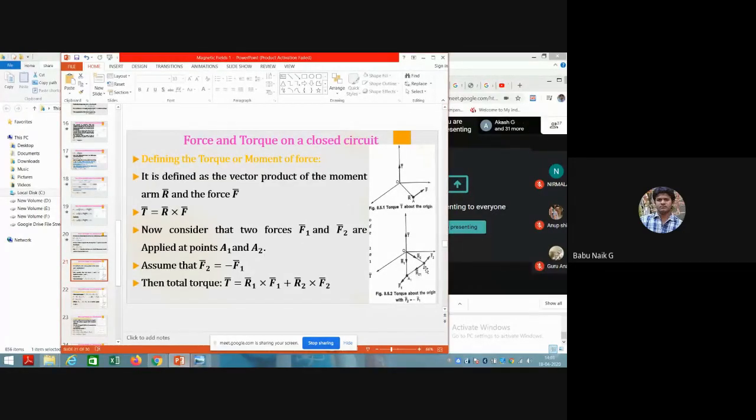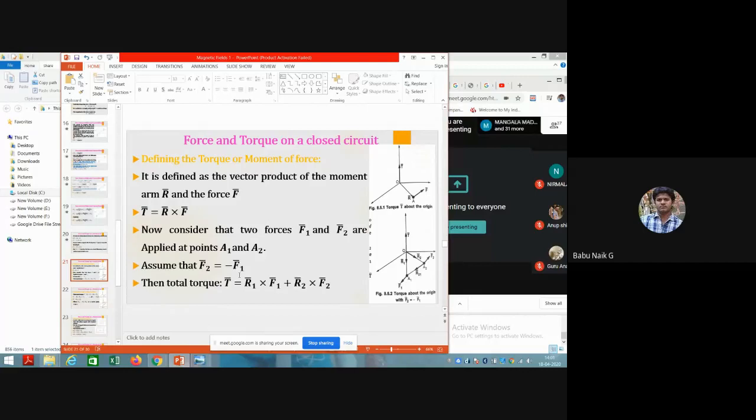Now what is the total force, and what will be the total torque due to these two forces at A1 and A2? The torque will be in this direction, whichever side you consider the force. The total torque is T1 plus T2, that is R1 cross F1 plus R2 cross F2, where R1 and F1 are at A1, and R2 and F2 are at A2. Both are added here.